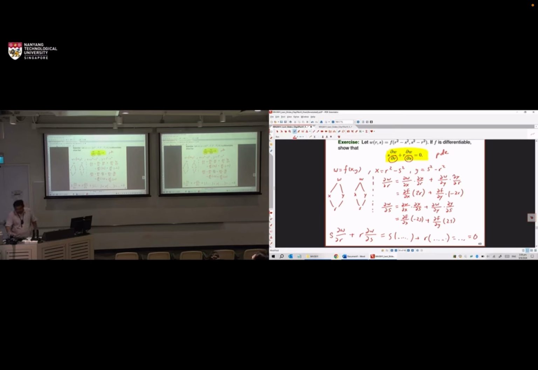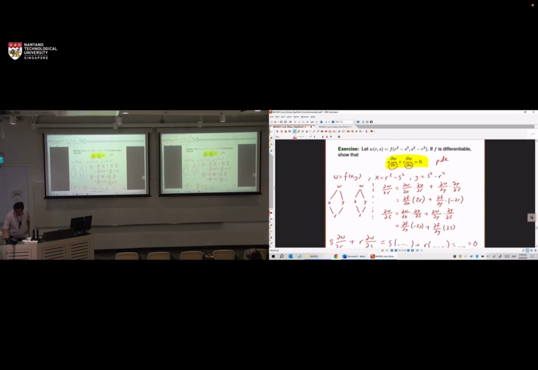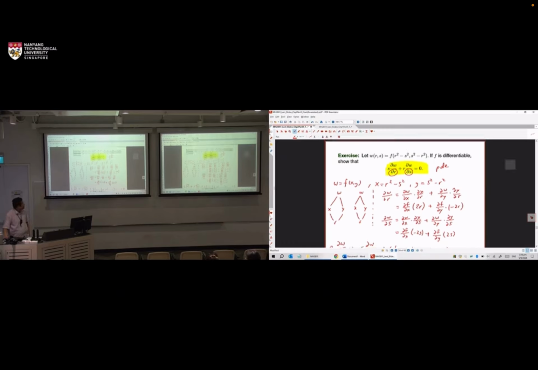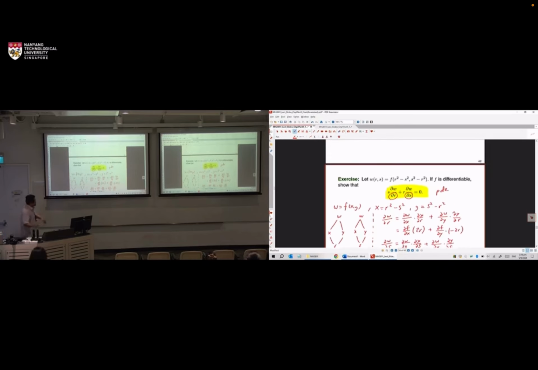So we have already proven the expression above. This is a very quick and dirty way of solving PDE. If your PDE is of this form, then the solution is F in the form above.